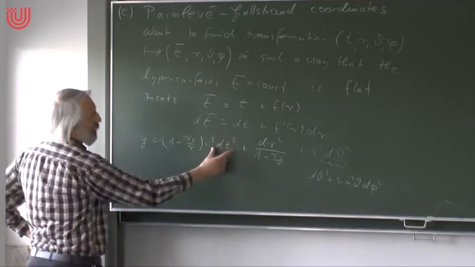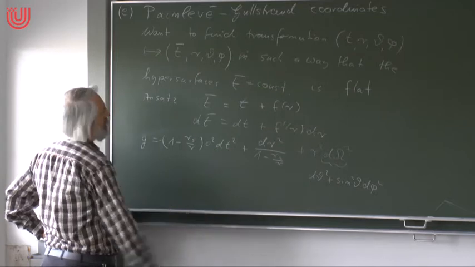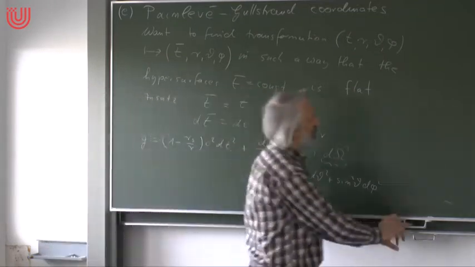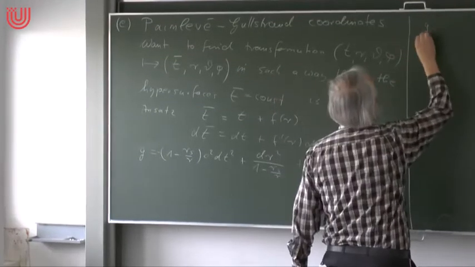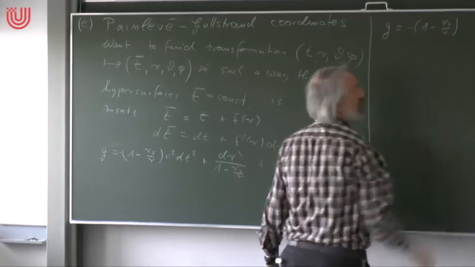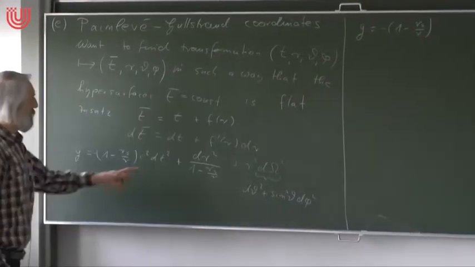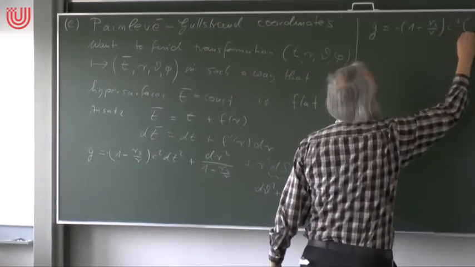Okay, and we substitute for the dt. We solve this for dt and substitute it into this expression, and then we get the Schwarzschild metric in the new coordinates. So we get g is minus (1 minus Rs over r), and now comes the c squared dt squared first.